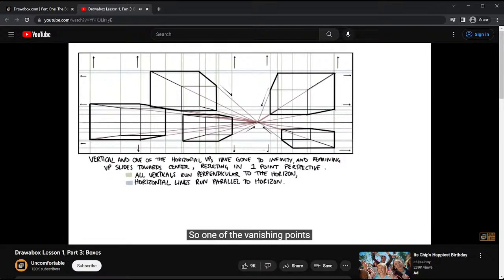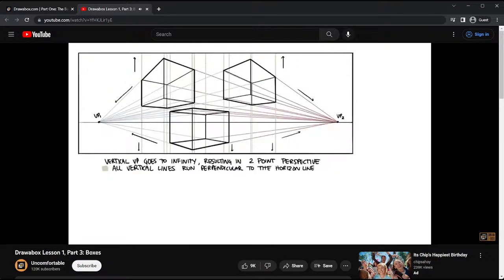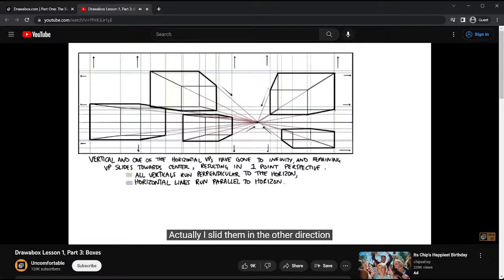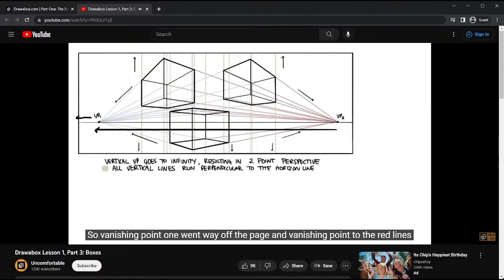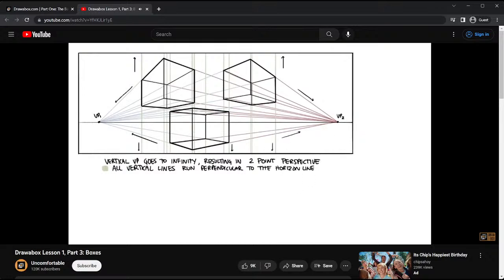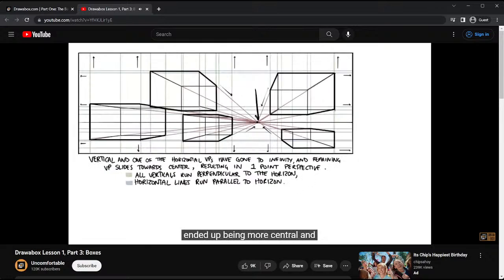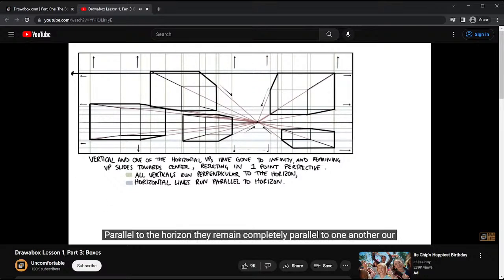So one of the vanishing points, actually I slid them in the other direction. If you want to keep the color coding accurate, they slid in this direction. So vanishing point 1 went way off the page, and vanishing point 2, the red lines, ended up being more central. And so now our blue lines are all running parallel to the horizon.